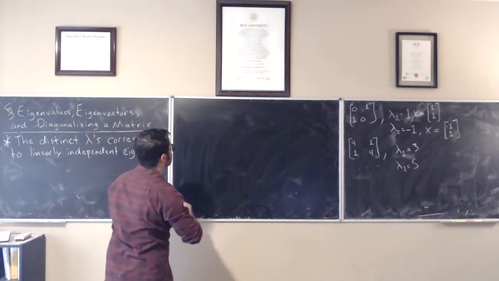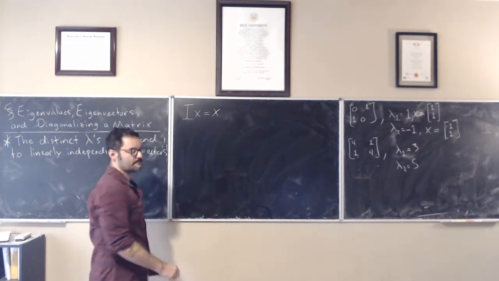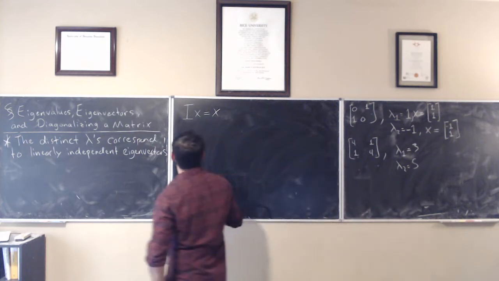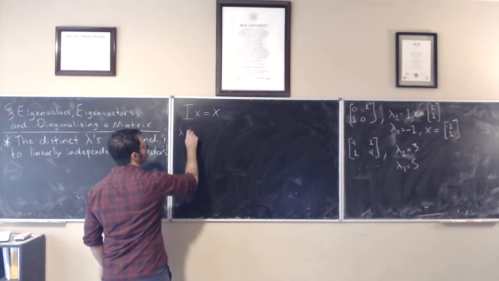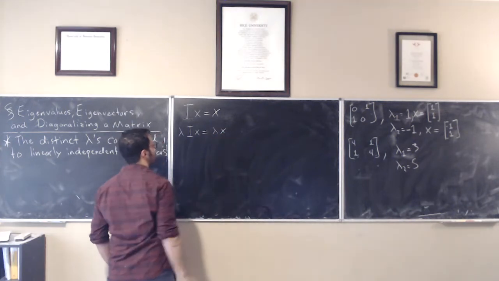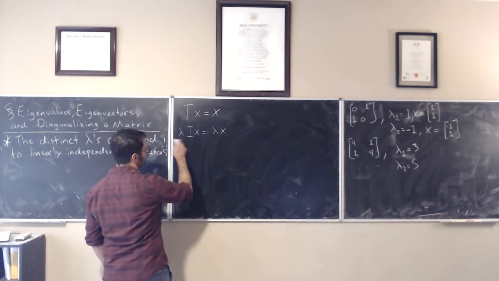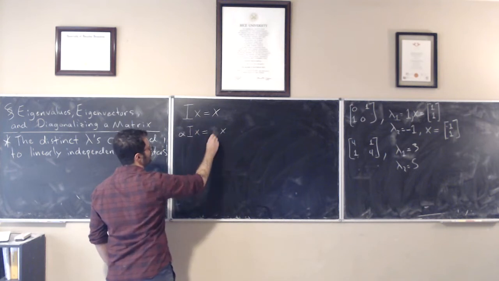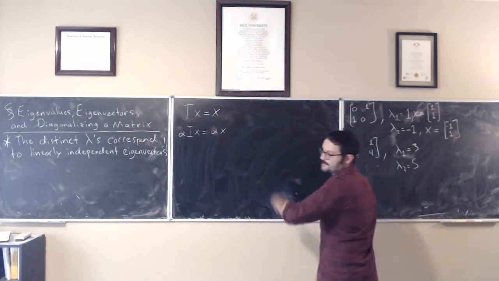I think I might have confused you with that. We know that the identity times x is equal to x, right? So we know that lambda times I x is equal to lambda x, right? So if we multiply alpha times I x, it's going to be equal to alpha times x for any choice of x.